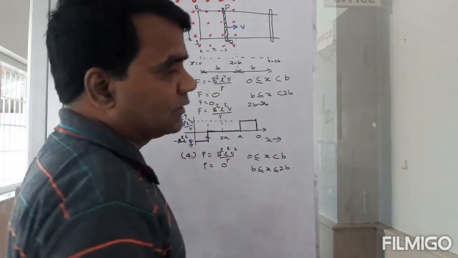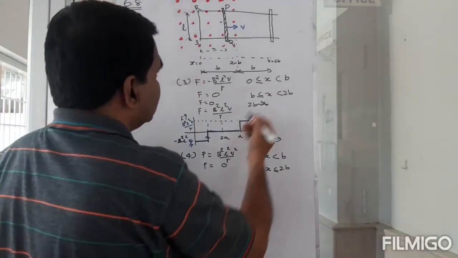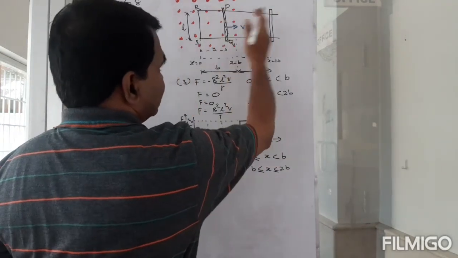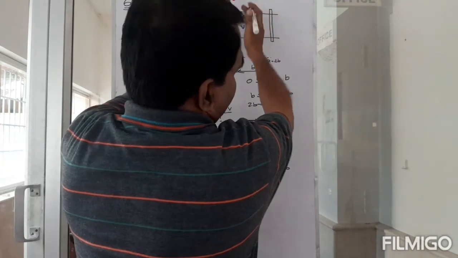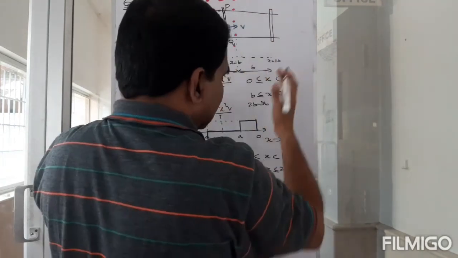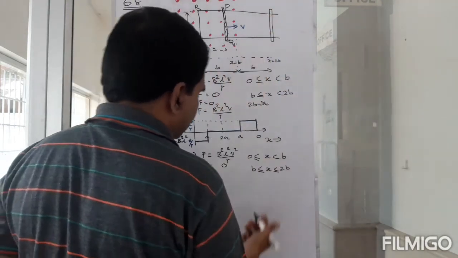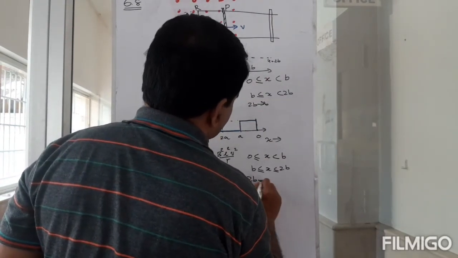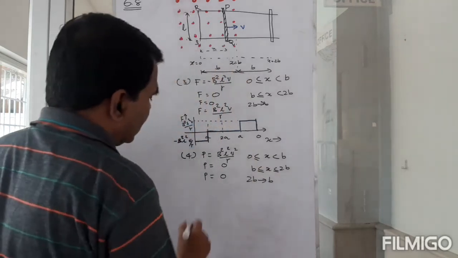You don't have to do any work. Then you come back from 2B to B. There is no field, there is no work you need to do against anything, there is no force opposing you, so clearly power is equal to 0 when you come from 2B to B.